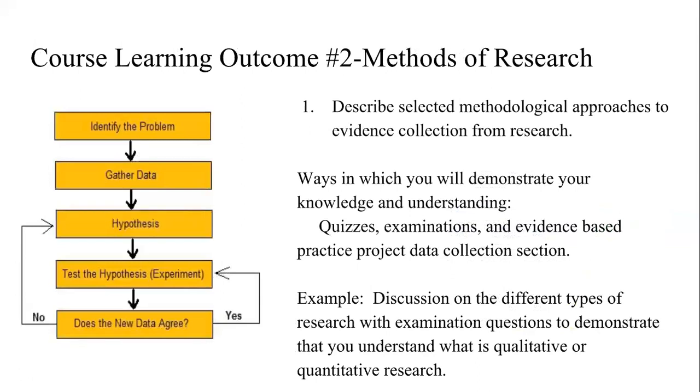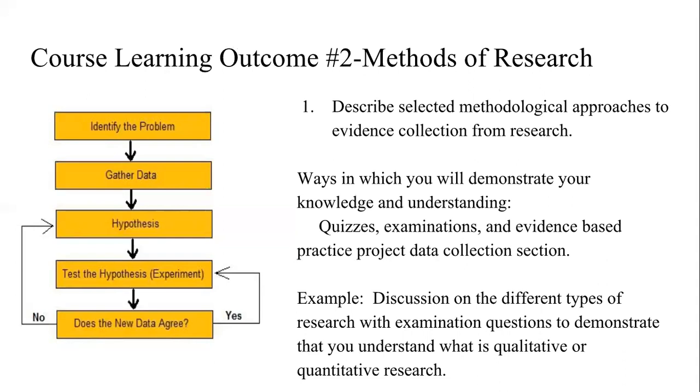The next learning outcome is the methods of research. As we think about collecting and analyzing evidence to support our practice, it's important that you have good context as to what types of methods are being used in evidence development and collection. So we'll be talking about areas such as quantitative versus qualitative research, what you might use as the first level of evidence, second level, and other types of evidence to support your nursing practice.